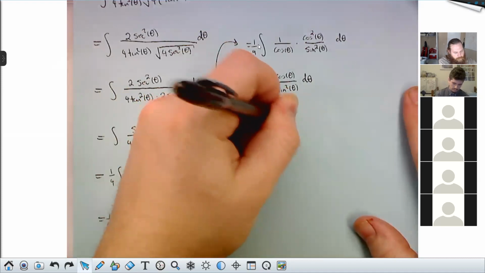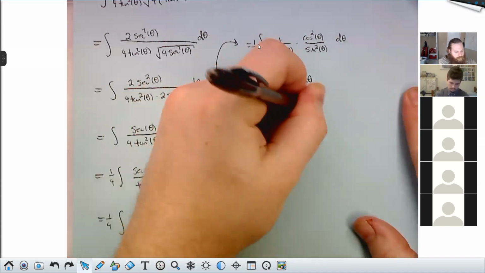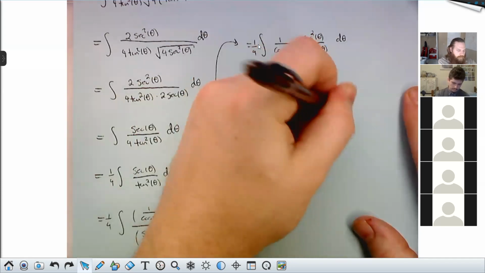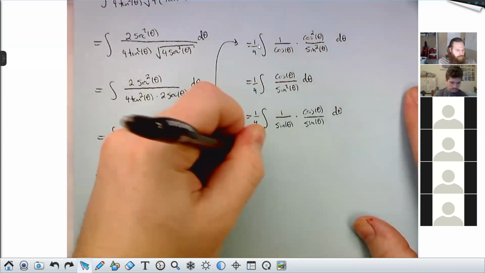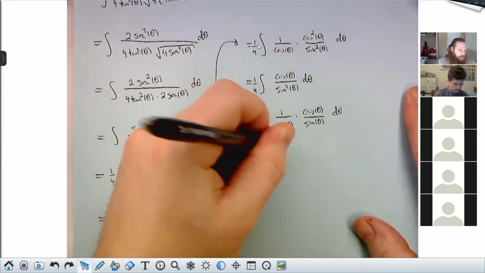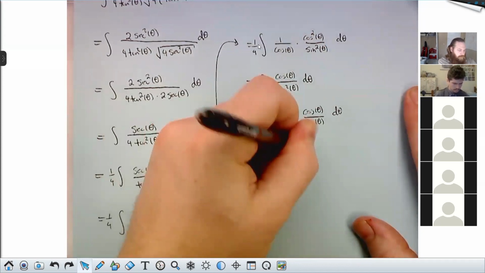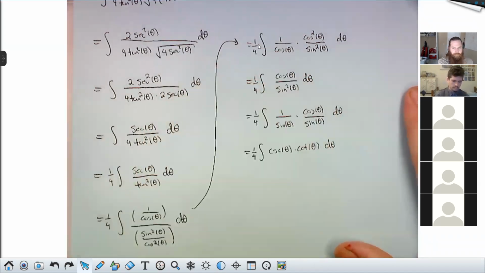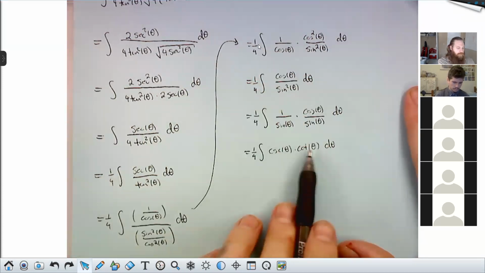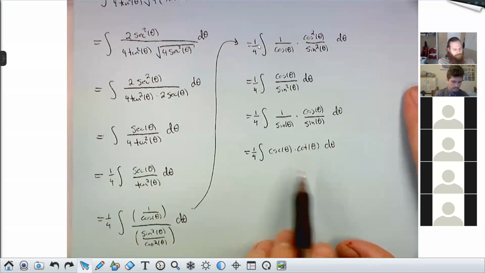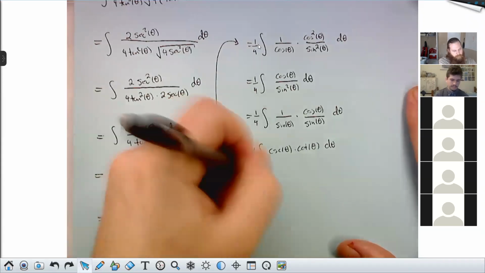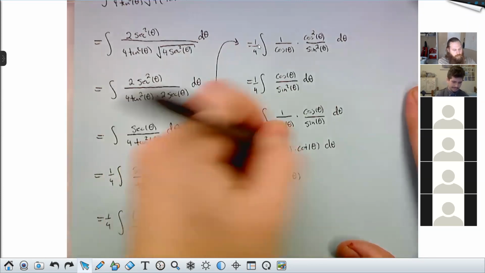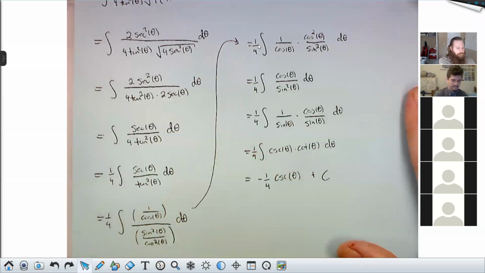So this is 1 over sine theta times cos theta over sine theta d theta, which is 1/4 integral cosecant theta times cotangent theta d theta. And whose derivative is cosecant cotangent? Negative cosecant. Good, so this is negative 1/4 cosecant theta plus a constant.